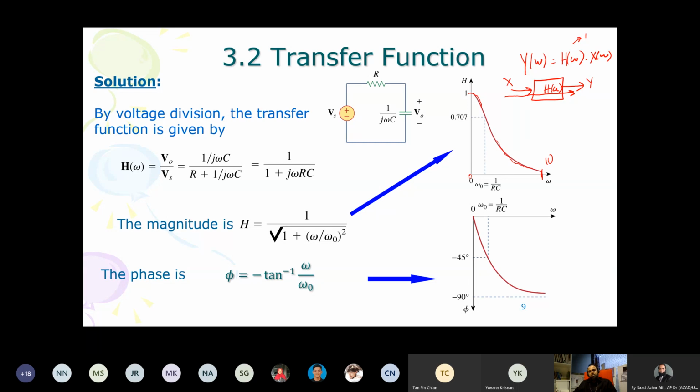Is it letting X pass through it? At omega equal to 10, is the system letting the signal X pass through it? Yes or no?